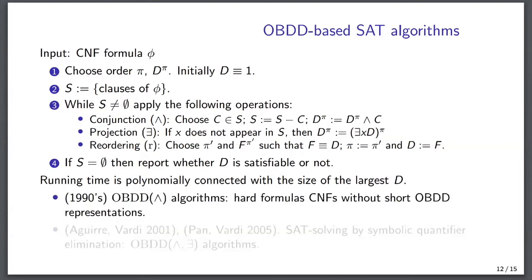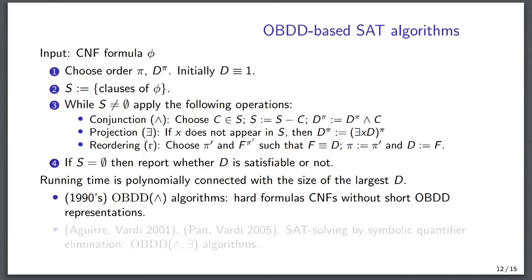In the 90s, this approach was used with only the conjunction rule, and it has a trivial problem: there are a lot of satisfiable CNF formulas that have no short OBDD representation. That's why if you download all clauses, you necessarily will get a very large OBDD.